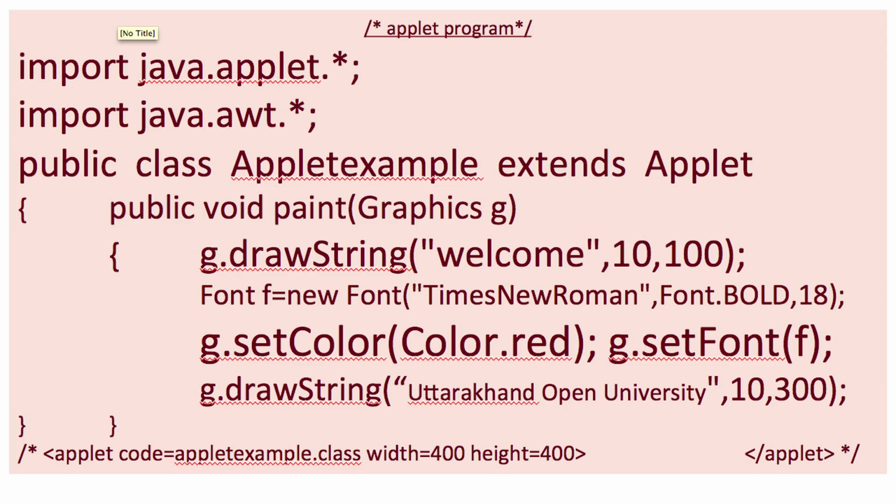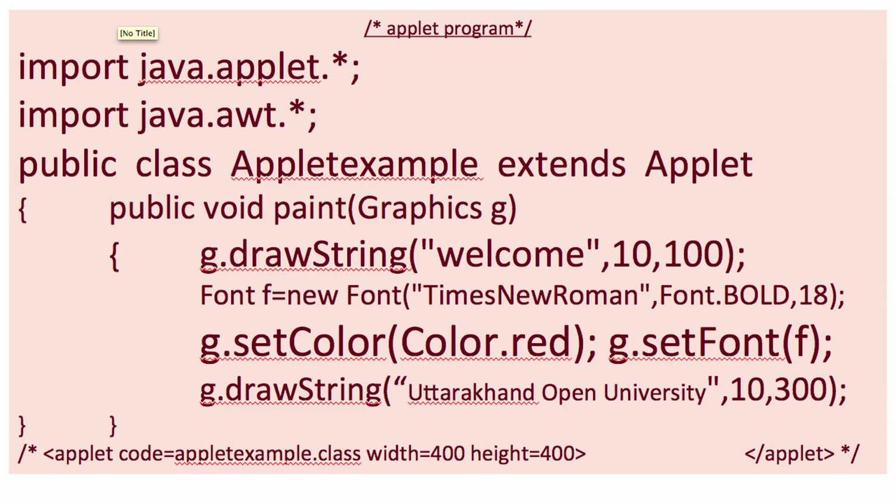Now, in the third line you can see g.setColor(Color.red). So, whatever graphics we will display will be in red color. We have used the setColor function here, and by this function we are setting the color of the graphics g to red.